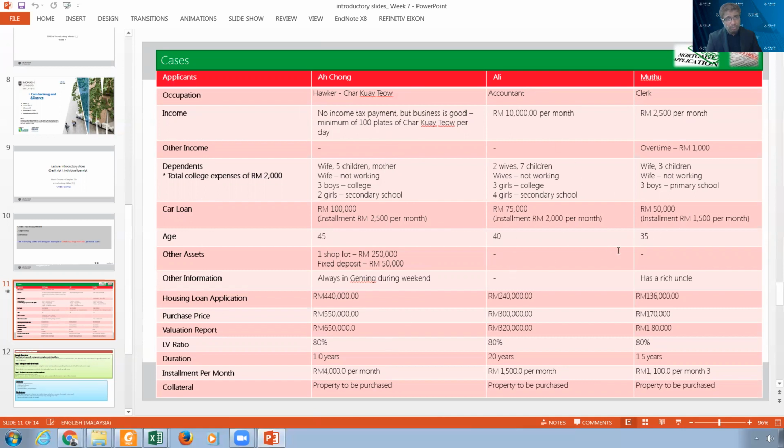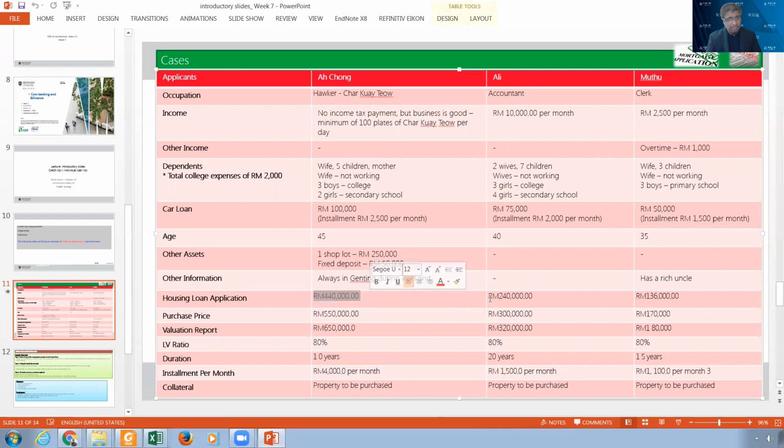For the housing loan application, this guy is asking for 140,000, this one 240,000, this one 156,000, but this one's income is only 2,500, this income is around 10,000, and this one has a private business and makes good money.